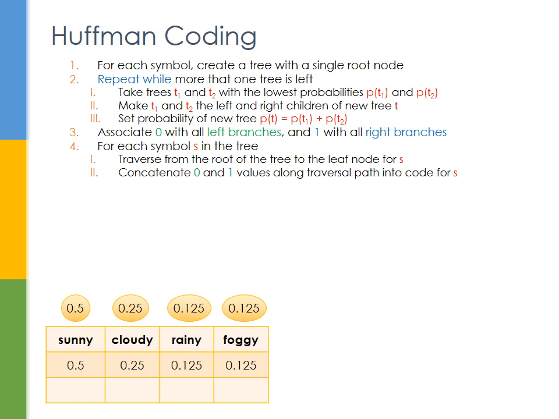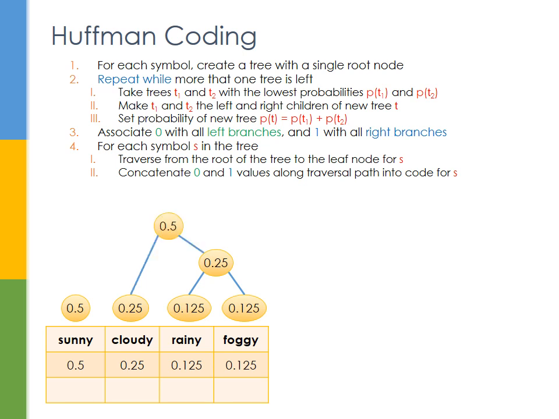So the first 2 trees that we need to select are the trees for rainy and foggy, because they have the lowest probability values of 0.125 associated with each of them. We merge those together into a new parent node which contains the cumulative probability, in other words, the sum of 0.125 and 0.125, which is 0.25.